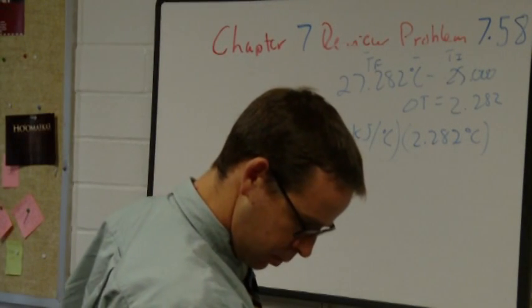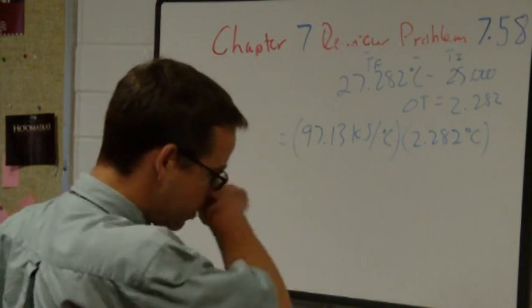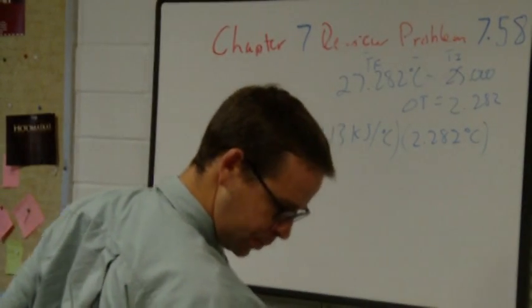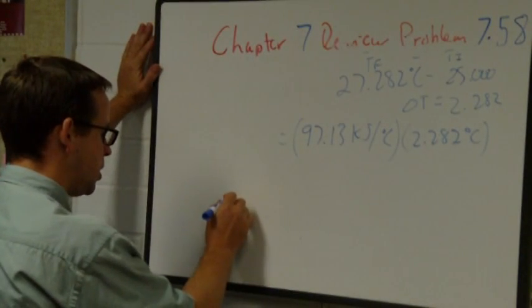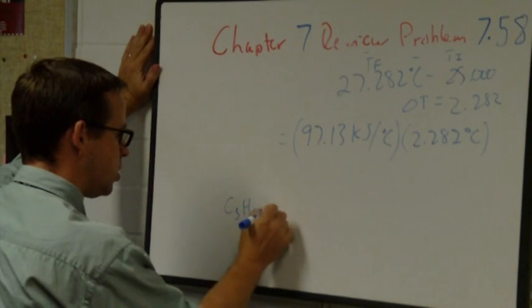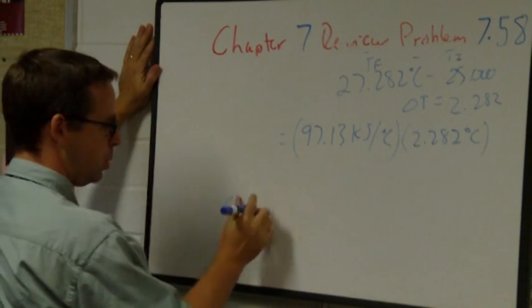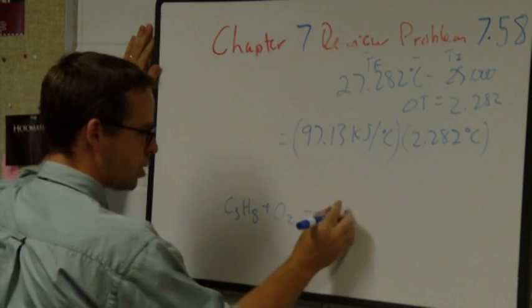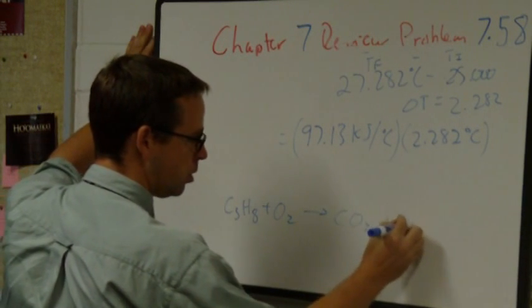Write the balanced chemical equation for the reaction in the calorimeter. So the reaction is between propane, C3H8, plus oxygen gas. Products are carbon dioxide and water.